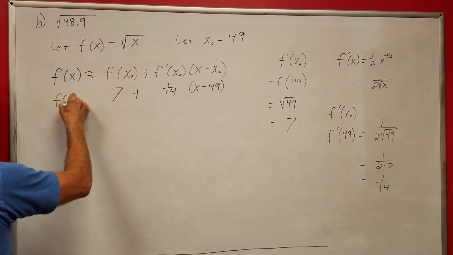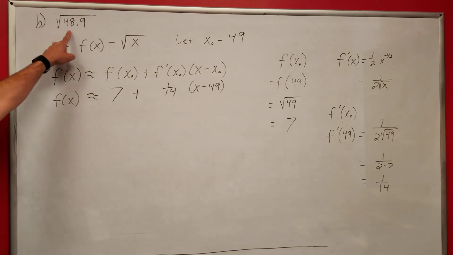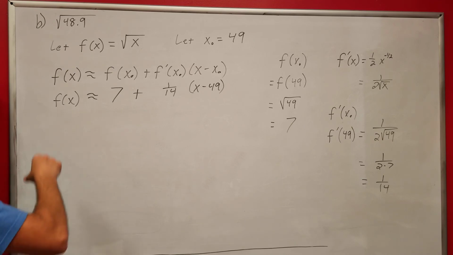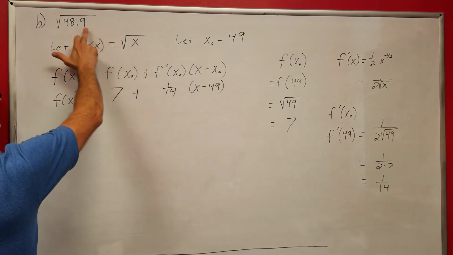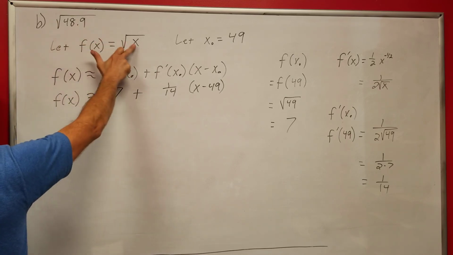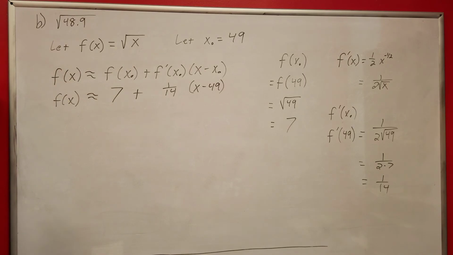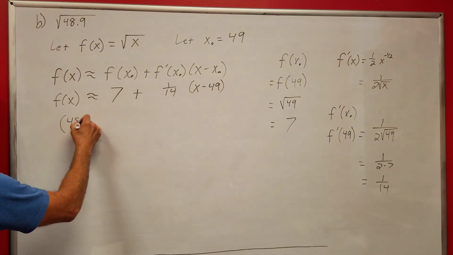Here is my local linear approximation. But what do they want me to do? They want me to use that to calculate this. Now keep in mind, if f of x is the square root of x, then what would x be in this example? X would be 48.9. So right here for this x, I'm going to put in 48.9.